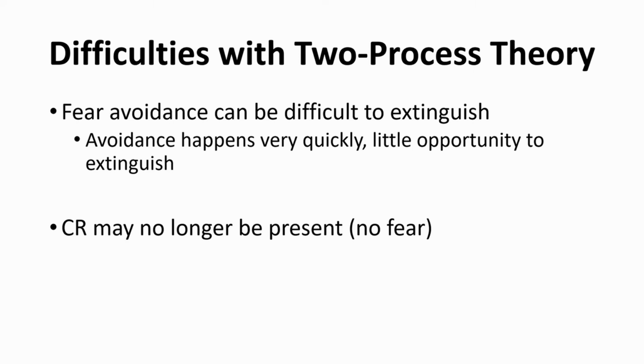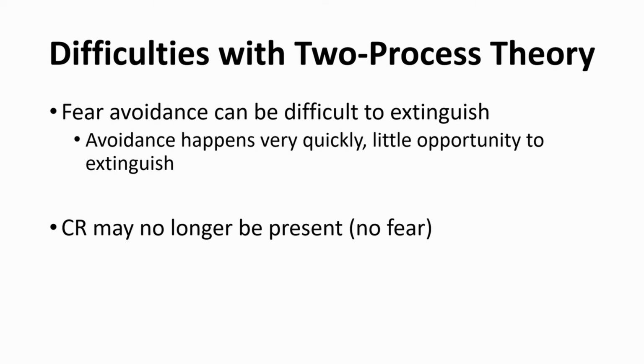So the first of these problems is that it can be very difficult to extinguish fear avoidance because when we feel that fear, we tend to very quickly go through those avoidance behaviors. So someone who's afraid of heights will very quickly nope out of an elevator to avoid going to a very high place. An animal that has learned that a signal is warning of an upcoming foot shock will very quickly run to the other side of the shuttle container.